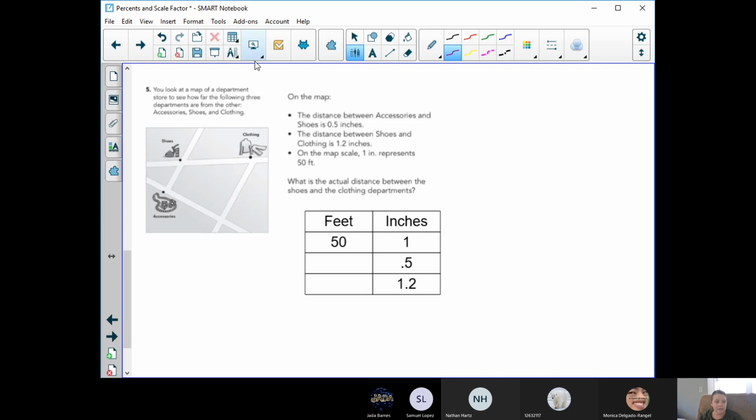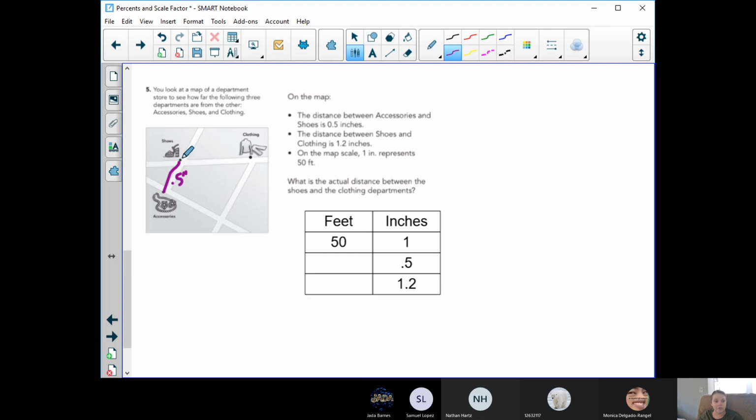You look at a map of a department store to see how far the following 3 departments are from one another: accessories, shoes, and clothing. The distance between accessories and shoes is a 1/2 inch. So from here to here on the map is a 1/2 an inch.